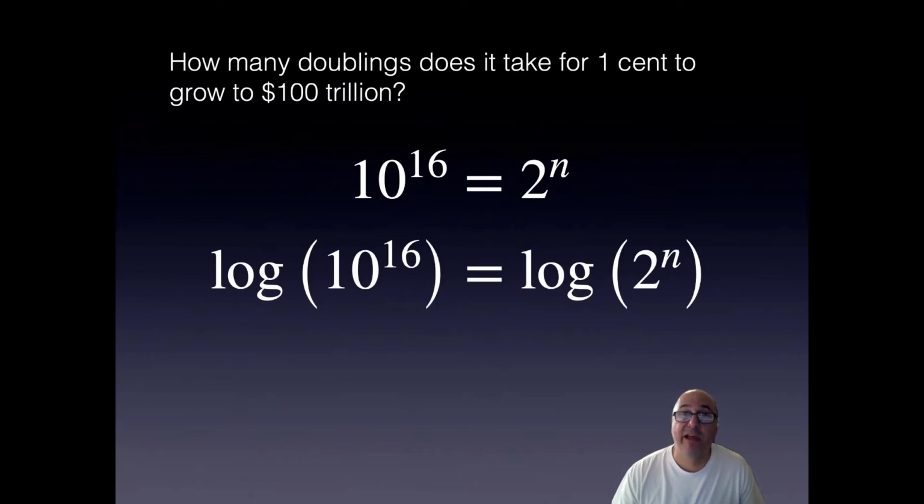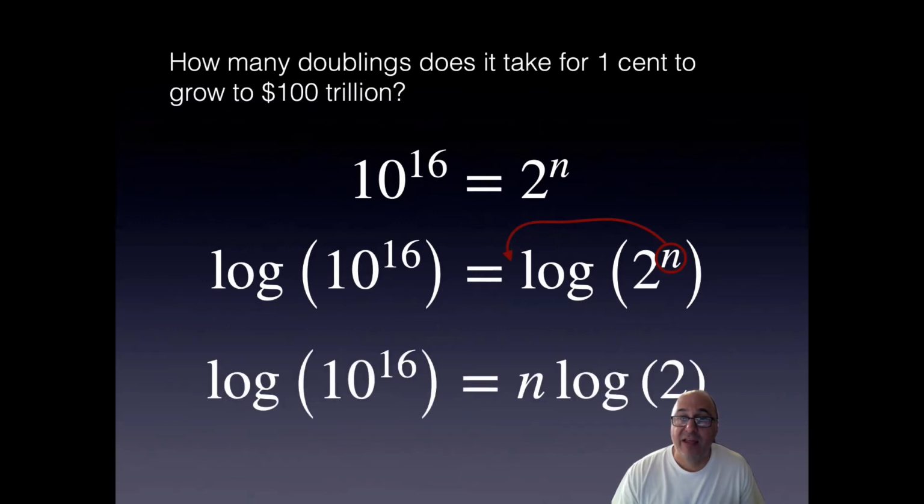One of the tricks of logarithms, and why you want to use it when you're trying to solve for an exponent, is that a log allows you to take the exponent out and move it in front of the log. So we can take this n and move it in front. And this is the equation that we get: log of 10 to the 16 equals n log of 2.